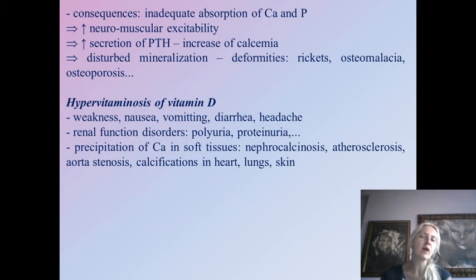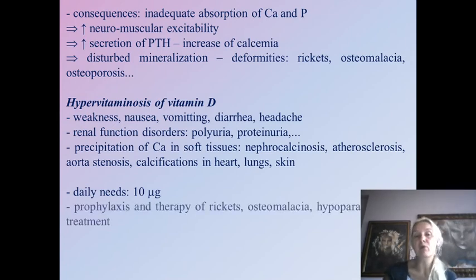Daily needs for vitamin D do not exceed 10 micrograms per day, but of course those needs are increased during pregnancy and lactation, during the growth of juvenile organisms, and of course as a prophylaxis and therapy of rickets, osteomalacia, osteoporosis, of course if the patient developed hypovitaminosis, and in hypoparathyroidism treatment.